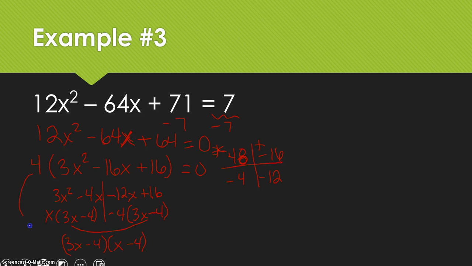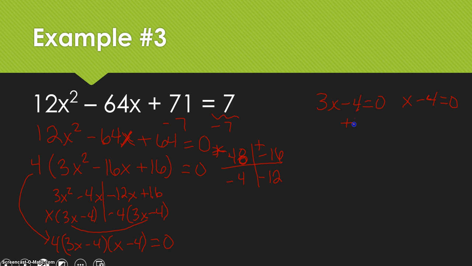Now don't forget about this 4 down here. We're going to bring it down and set it equal to 0. Now, I'm going to set each piece equal to 0. I don't need to worry about my 4 still, but I'm going to set the 3x minus 4 equal to 0 and the x minus 4 equal to 0.